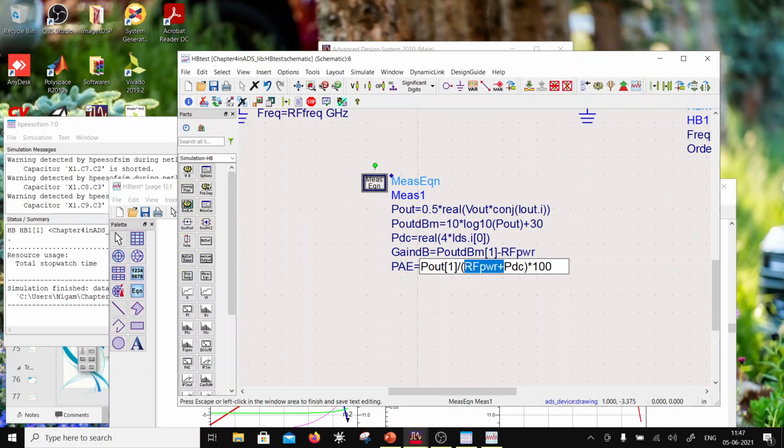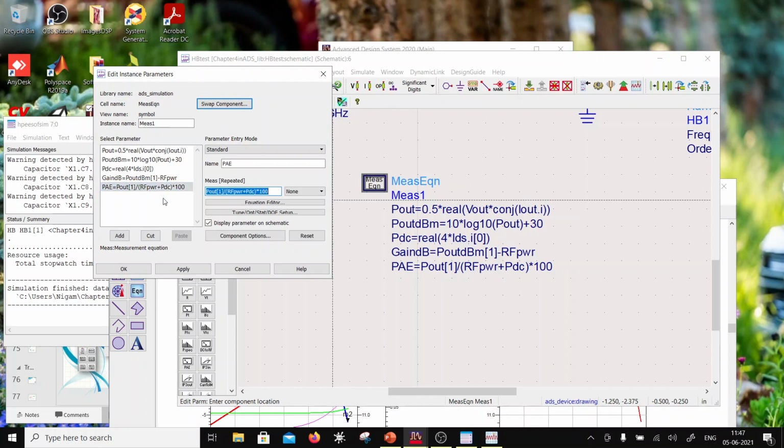This RF power is in dBm. So this has to be not in dBm, so I'll put here a new quantity which says P in, and P in will be dBm to watts.